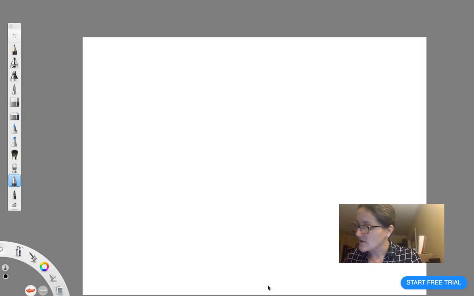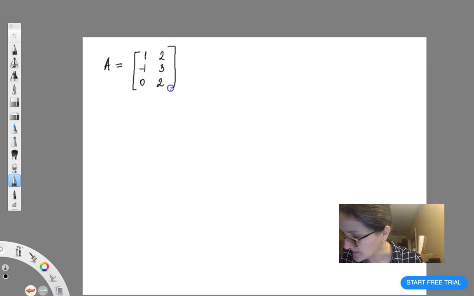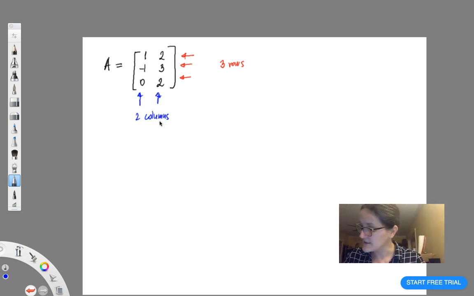Alright, so essentially let's say that my matrix A is given as, and let me do an array of numbers, 1, 2, minus 1, 3, 0, and 2. Okay? This matrix has 3 rows and it has 2 columns. Therefore, this is a 3 by 2 matrix.